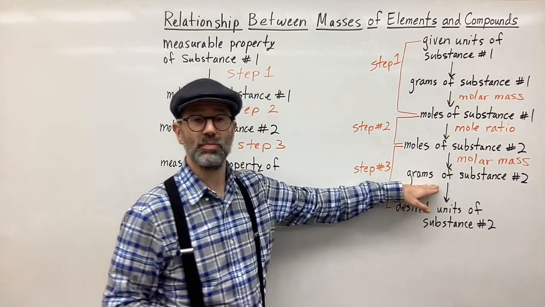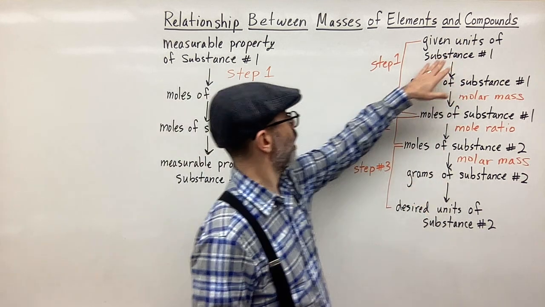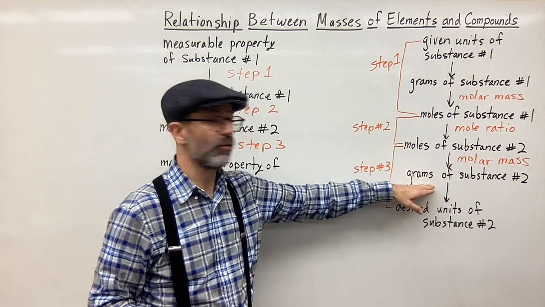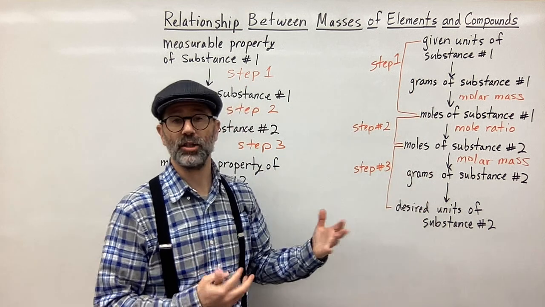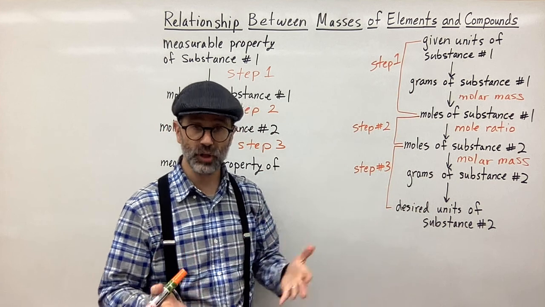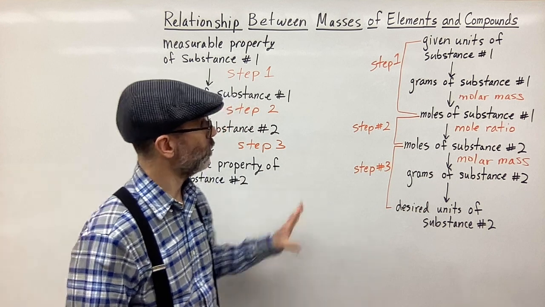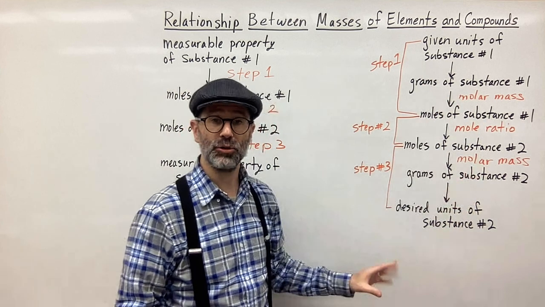Then to convert grams to kilograms, I use 1 kilogram equals 1,000 grams as a conversion factor. And so this is the general 3-step problem.